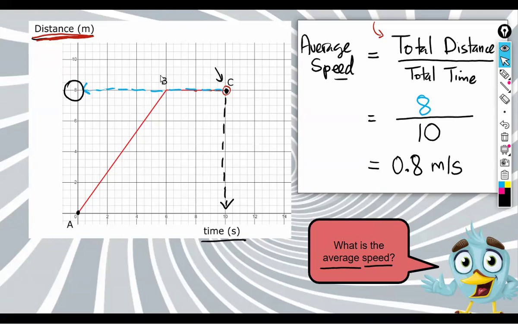It doesn't really focus on a specific portion of the graph. It's usually referred to a bigger portion of the graph. Most of the times, the whole graph is what they're referring to. Right? And this is just a distance time graph.